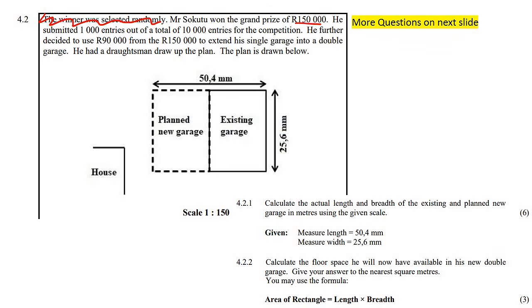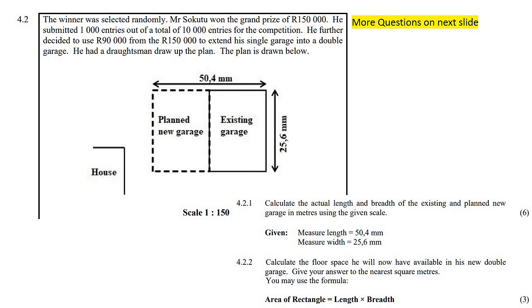He further decided to use 90,000 rand from the 150,000 to extend his single garage, which is currently over here, and he wanted to extend it to a double garage, which is over there. Okay, so pretty much this question is about a dude who wins 150,000 rand. Of the 150,000 rand, he's going to use 90,000 to upgrade his garage.